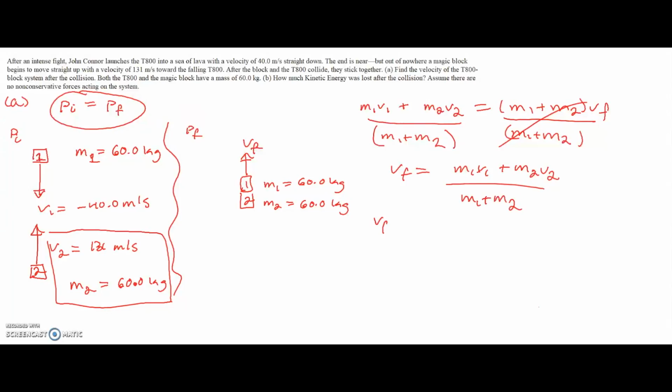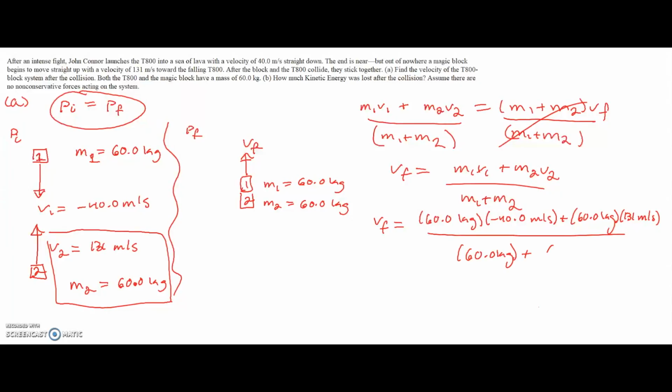So now we're going to substitute our values. For part A, the final velocity is 45.5 meters per second.